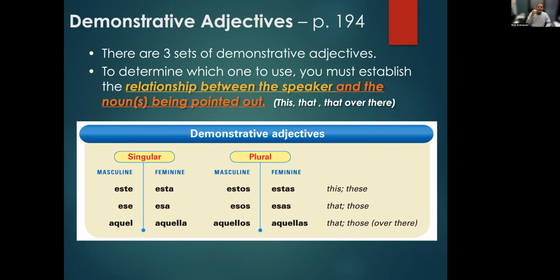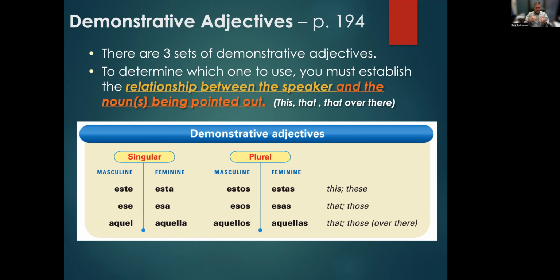So esta pluma, este teléfono, ¿verdad? So this means the thing that's here right with me now. The next one, ese, again, ends in an E. Ese for masculine, esa for feminine, esos for masculine plural, and esas for feminine plural. And that means those.